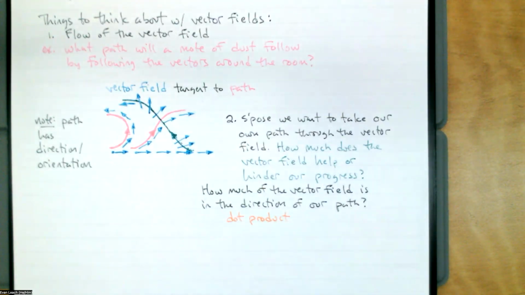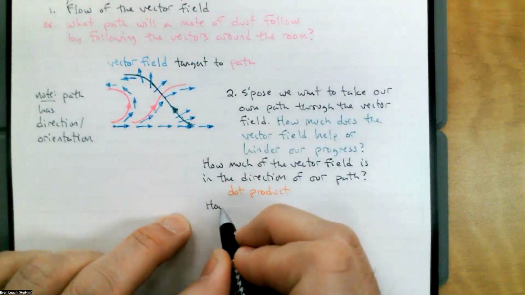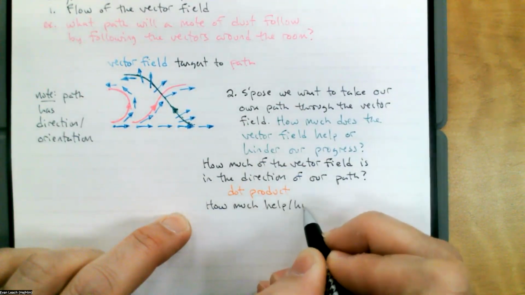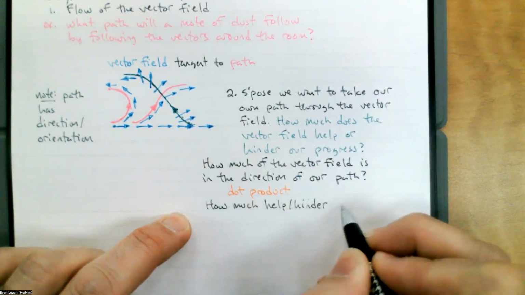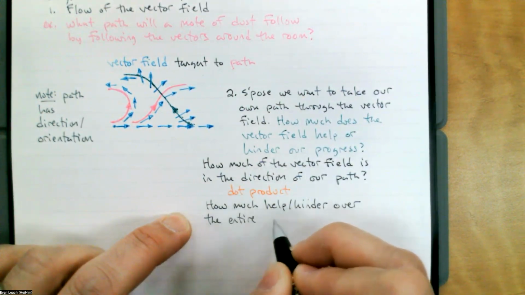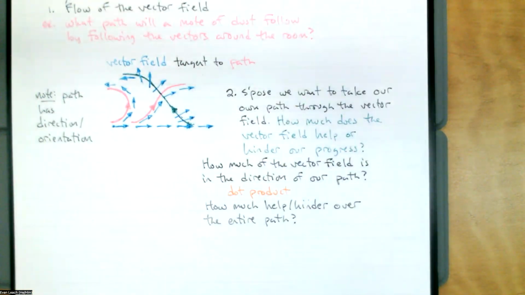Now we want the whole thing. We want how much of this over the entire path? How much total help or hindrance over the entire path? Now when we're asking how much did the vector field help or hinder us over the entire path, what are we going to be doing?